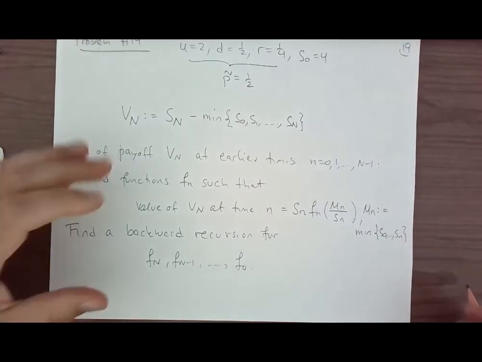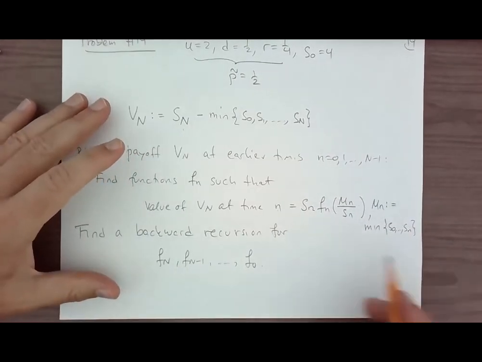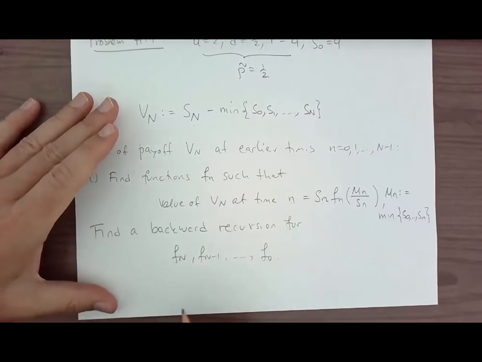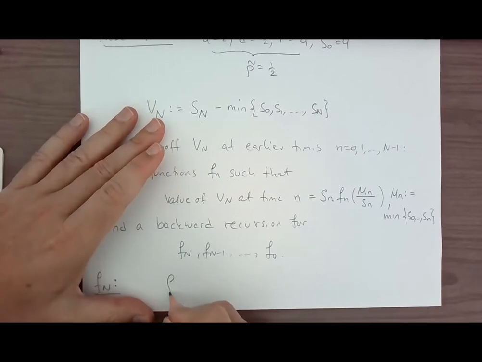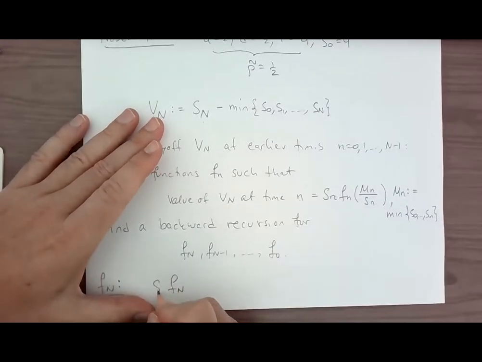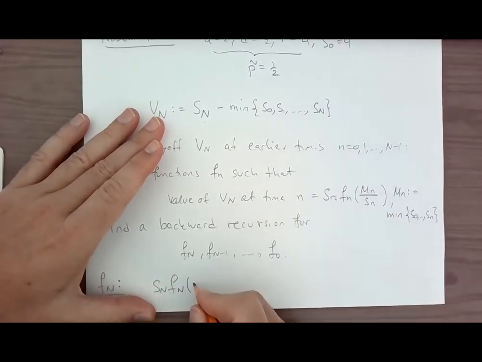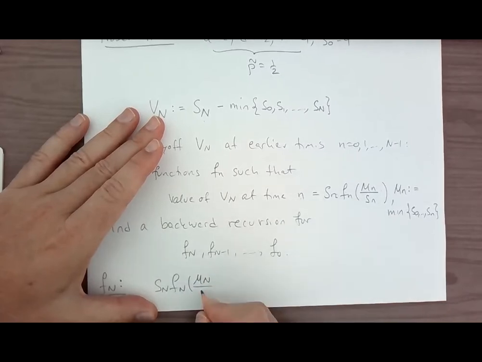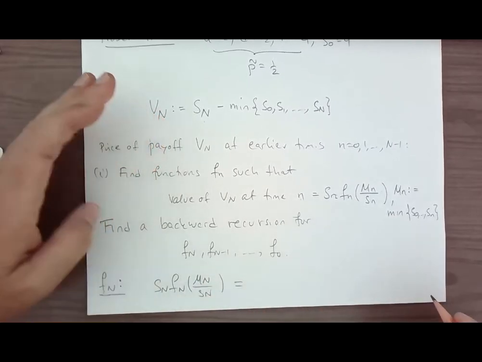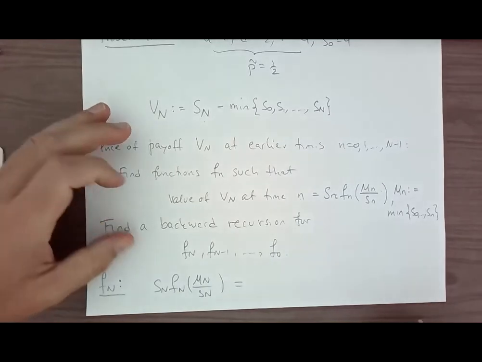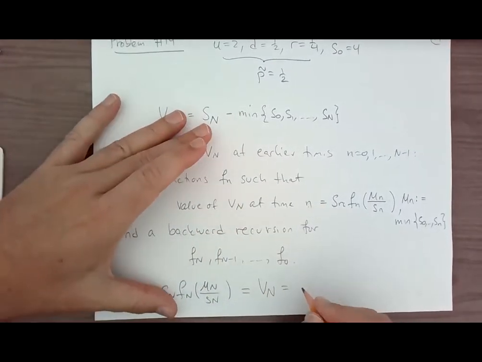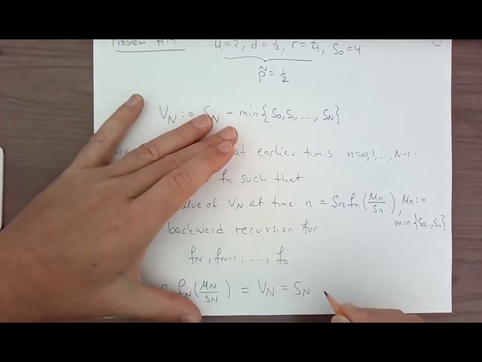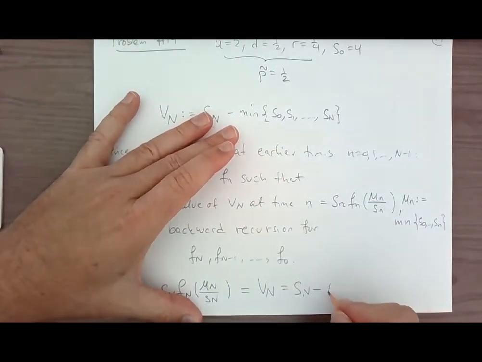So what would we like here? We need Vn, so we start out with fn. How do we get fn? Well, we want Sn times fn applied to Mn divided by Sn to be Vn. Vn was Sn minus this min, which was Mn.